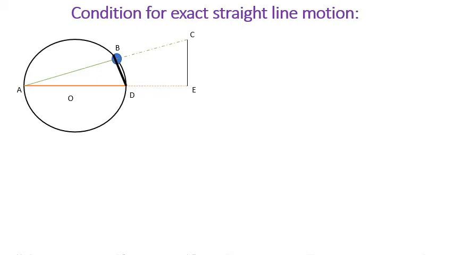So here it forms two right angle triangles: triangle AEC and triangle ABD.